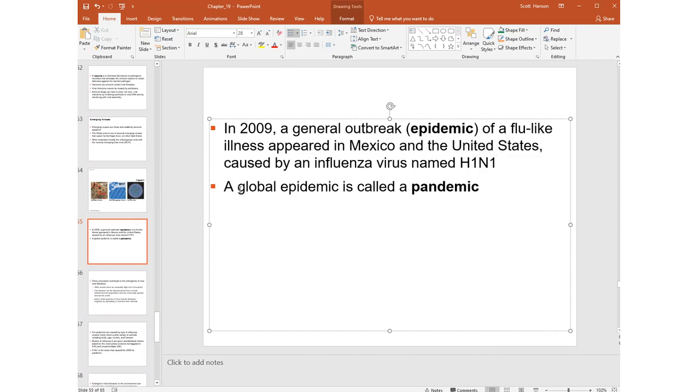Now, when there's a global epidemic, then it's called a pandemic, and we're very familiar with that term now. So pandemic, pan means widespread usually. So pandemic means an epidemic that's basically worldwide.